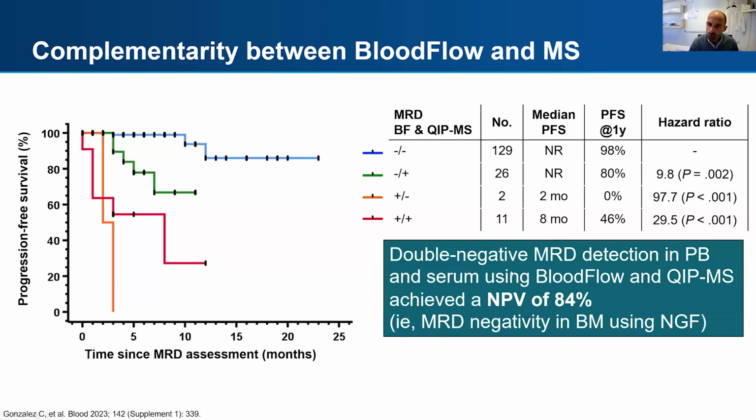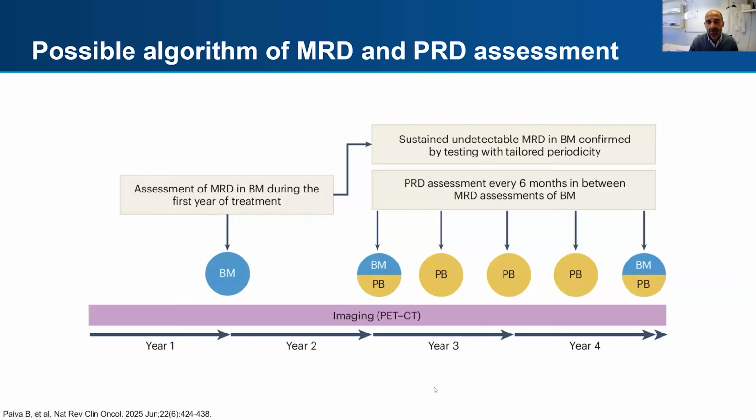And now, using the two methods, when both are negative, the probability that the bone marrow will be negative is 84%. This is the highest negative predictive value that we have ever achieved.